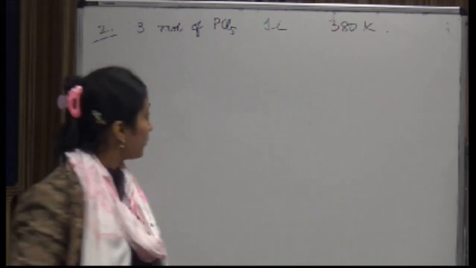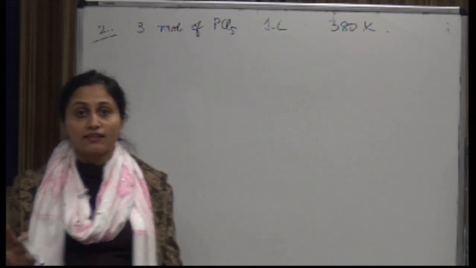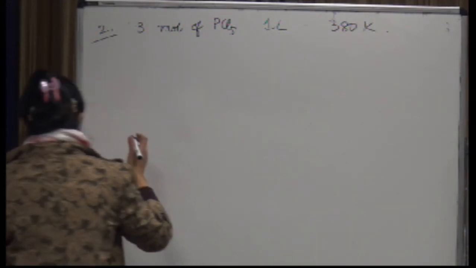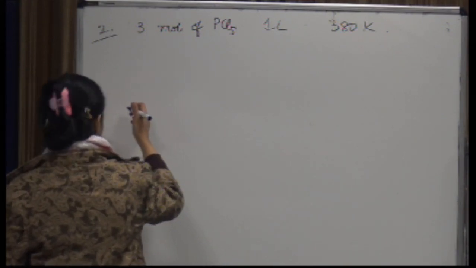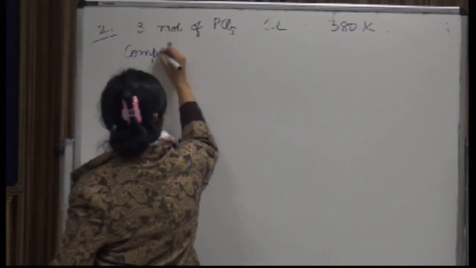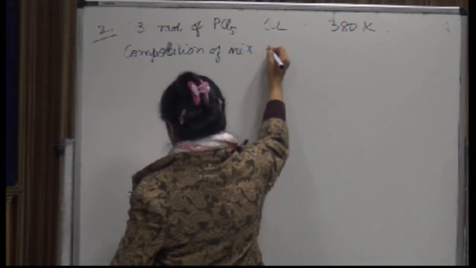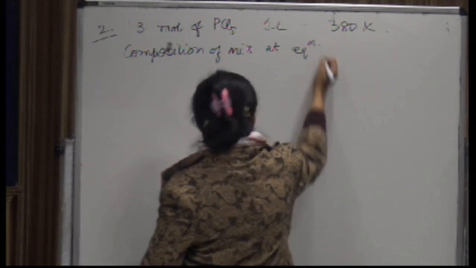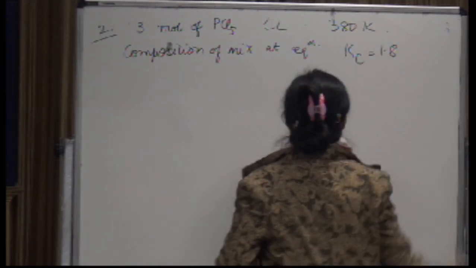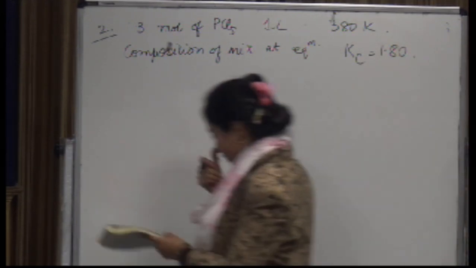Calculate the composition of the mixture at equilibrium. You are given the value of Kc now, which is 1.80.